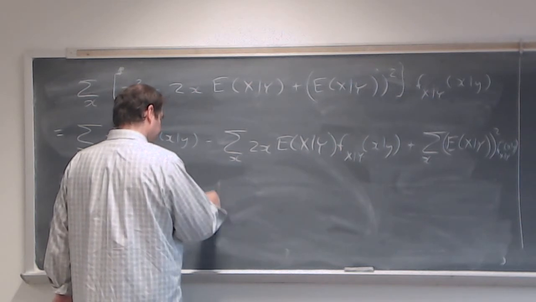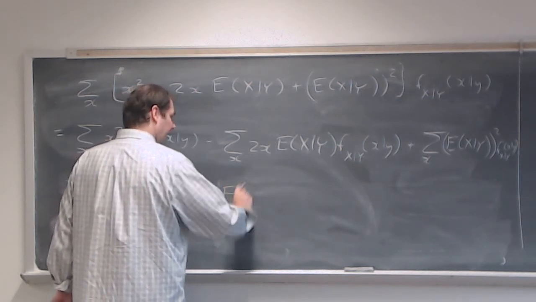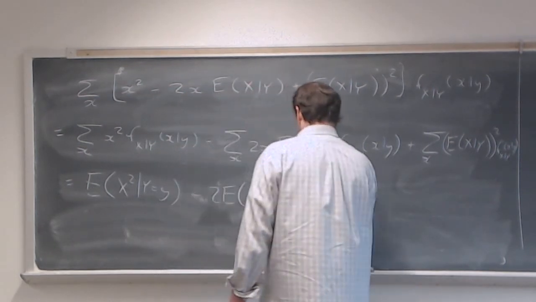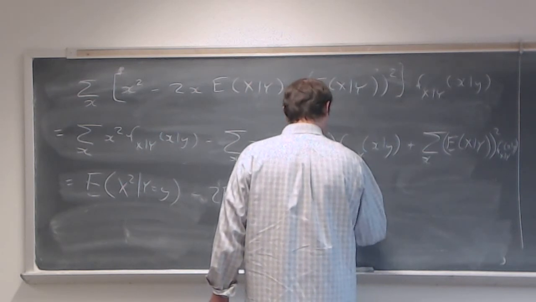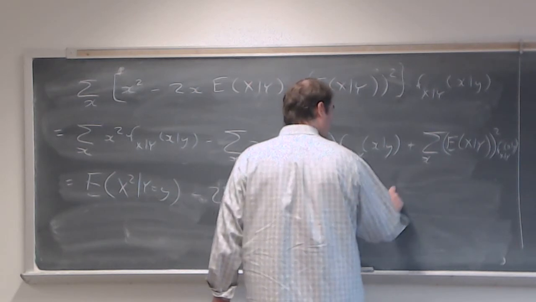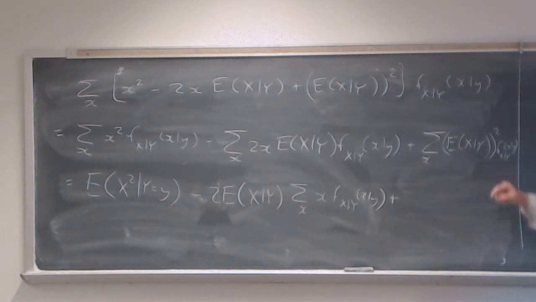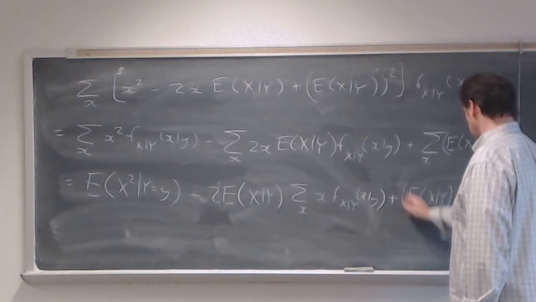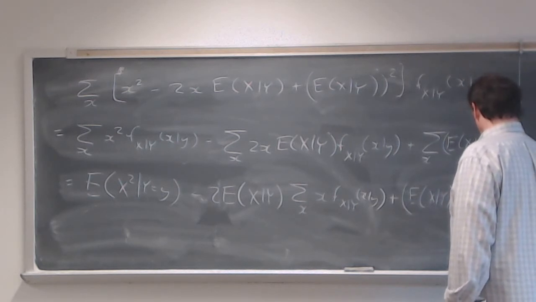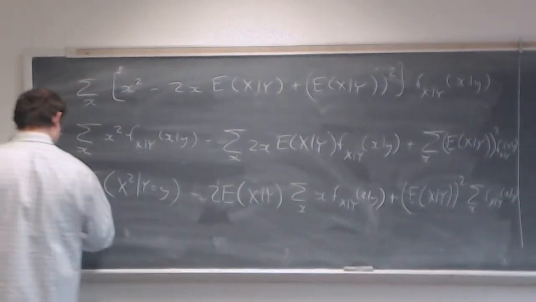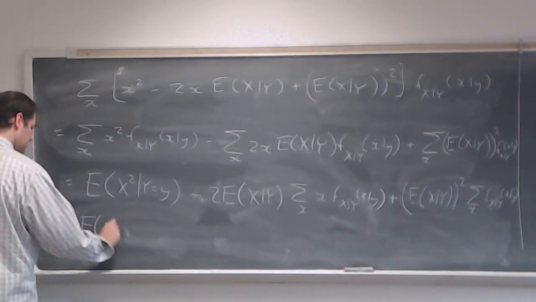So this is minus 2 times the expected value of x given y times the sum over all x values of x times f of x given y, plus this is a function with respect to y. We're squaring it, we pull it out, and sum over all x values of f of x given y. This part we leave alone. We're just going to copy it down.